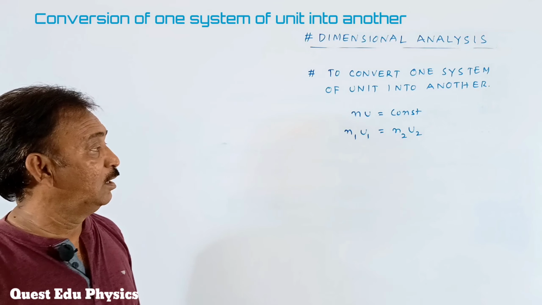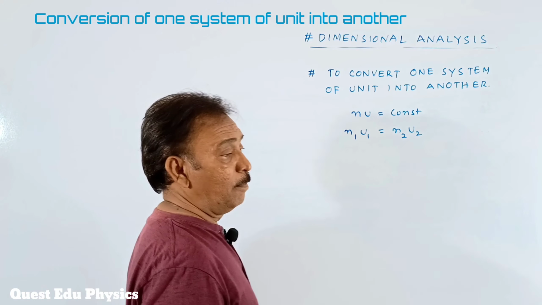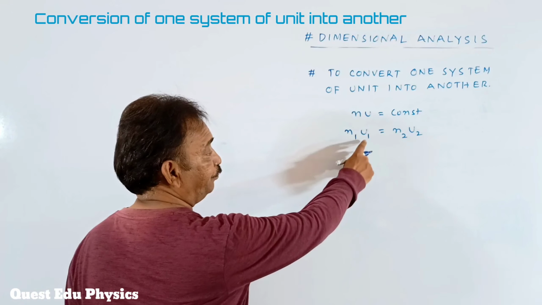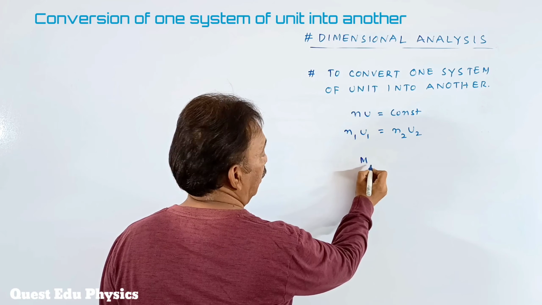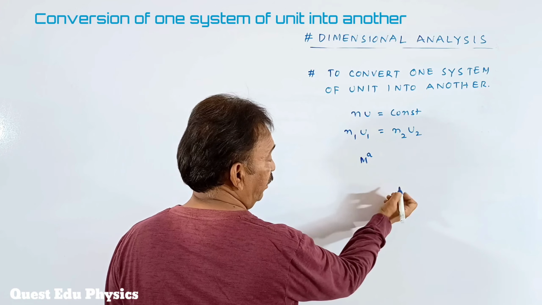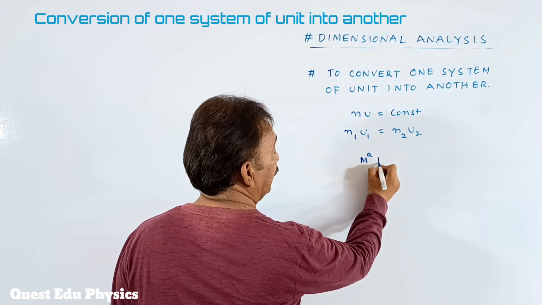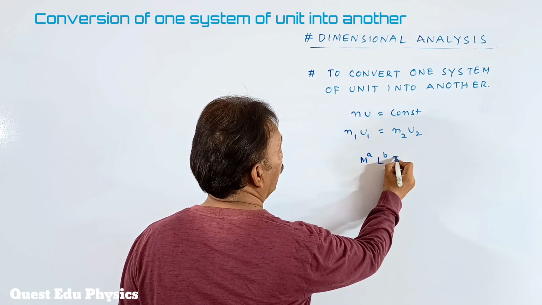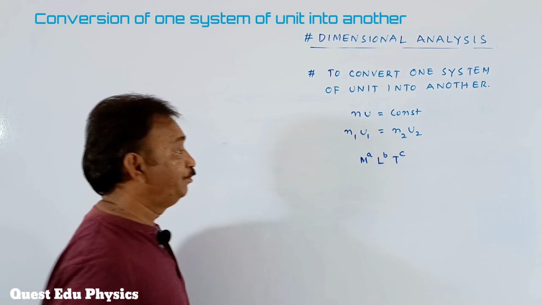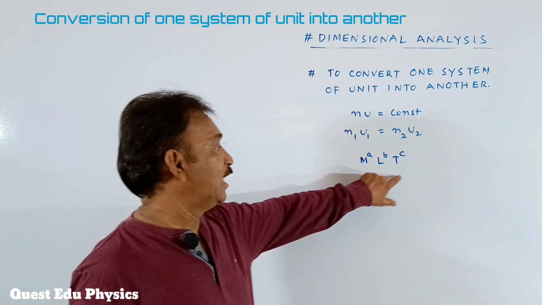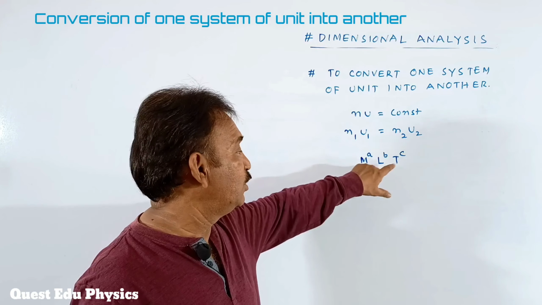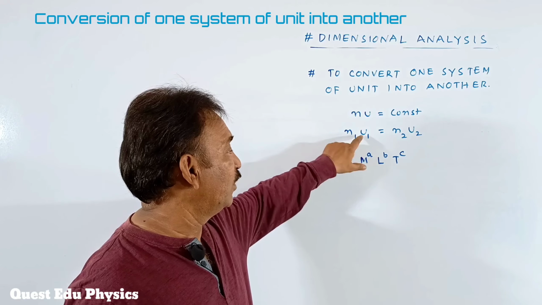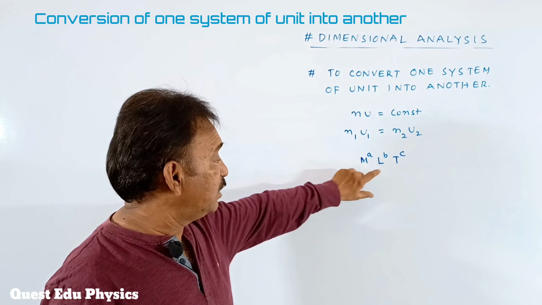Okay, students. For example, say one system of unit is taken as M to the power of a, L to the power of b, and T to the power of c. It is a physical quantity, students. We didn't show it in any particular system. It is a physical quantity.